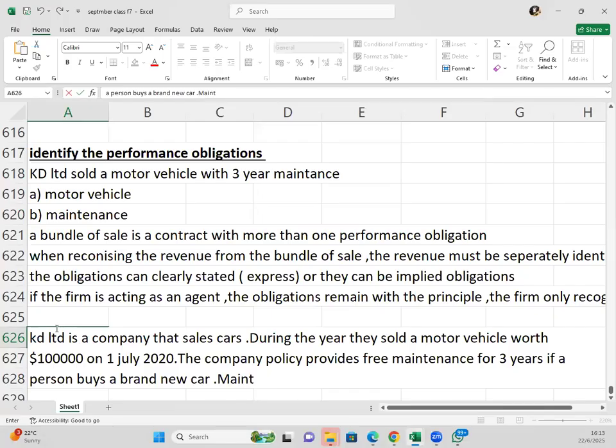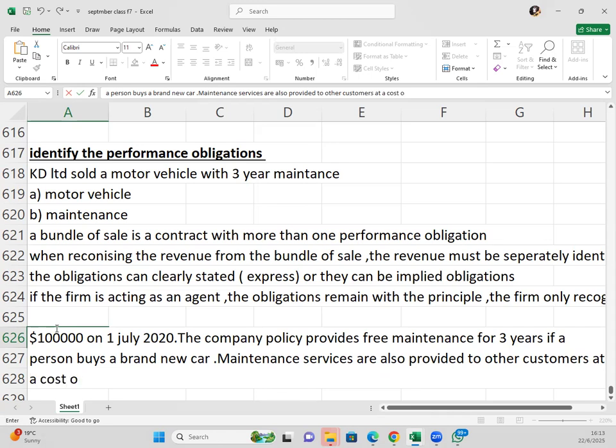Maintenance services are also provided to other customers at a cost of 10,000 a year.